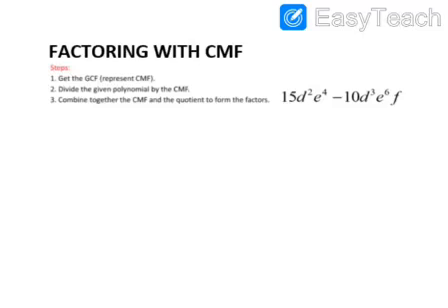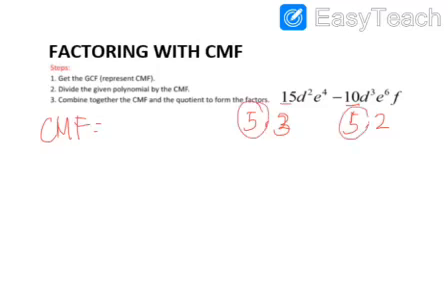So the numerical coefficients again are 15 and 10, and the factors of that are 5 times 3 and 5 times 2. So our CMF for the numerical coefficient is 5 because they are the same number.